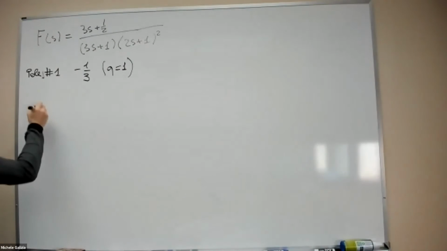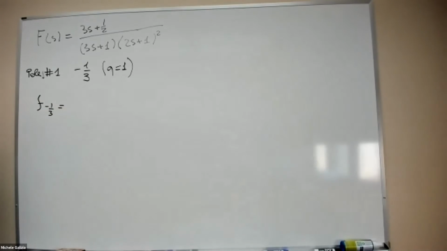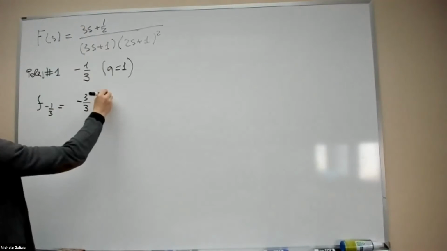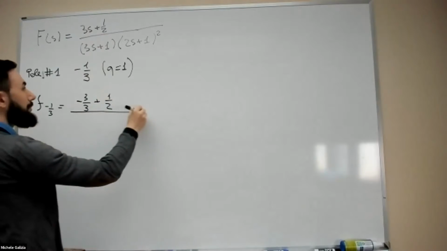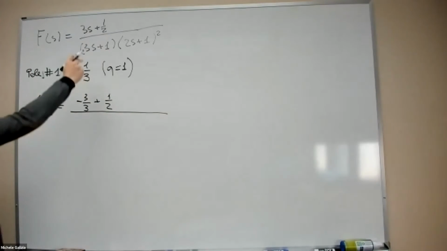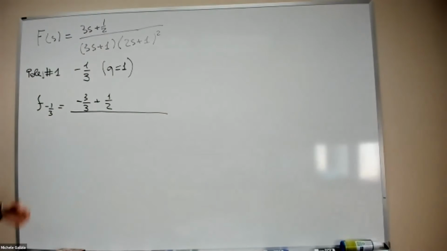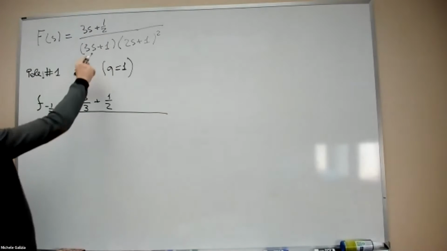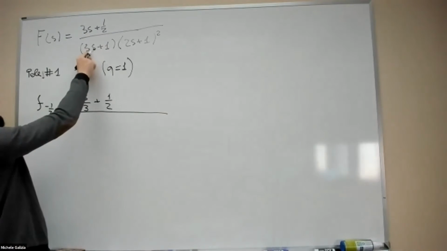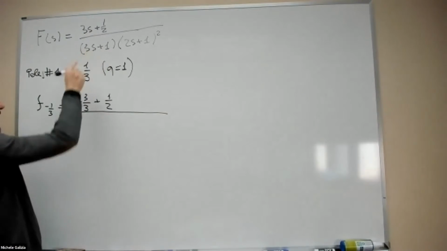And so f of minus 1/3 will be the numerator calculated in minus 1/3 divided by what? D prime. So here, remember, the coefficient of s is not 1.